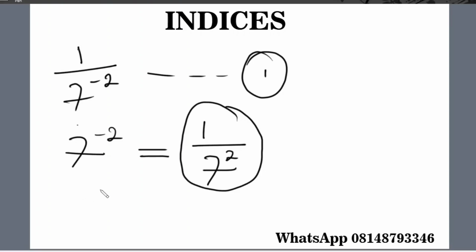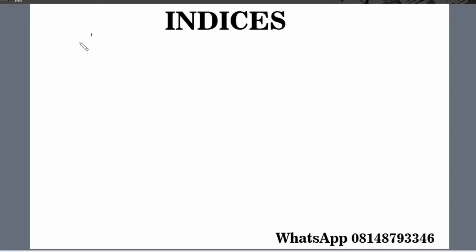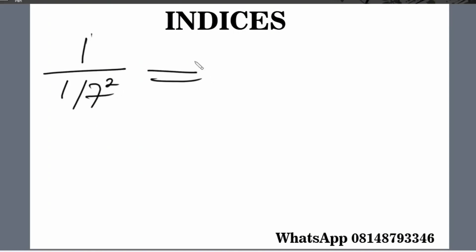So we have here 1 all over 1 all over 7 raised to the power 2. We have here 1 all over 1 divided by 7 raised to the power 2. This can be written as 1 divided by 1 all over 7 raised to the power 2.